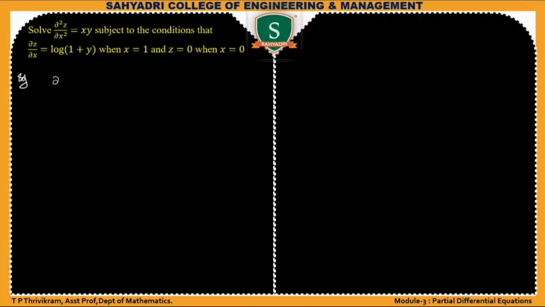First we will find dou square z by dou x square. That means second derivative with respect to x. So xy is there. Now this can be written as dou by dou x of dou z by dou x. So I have splitted the derivative.